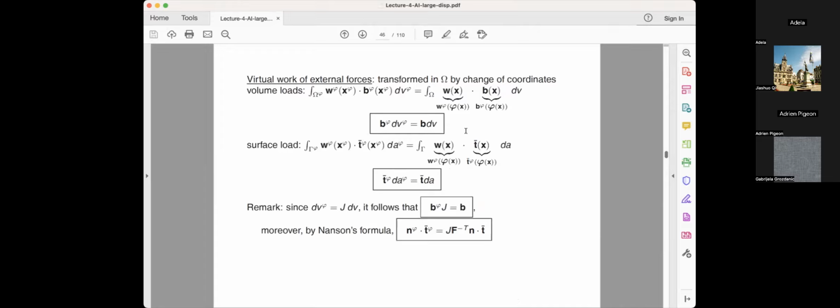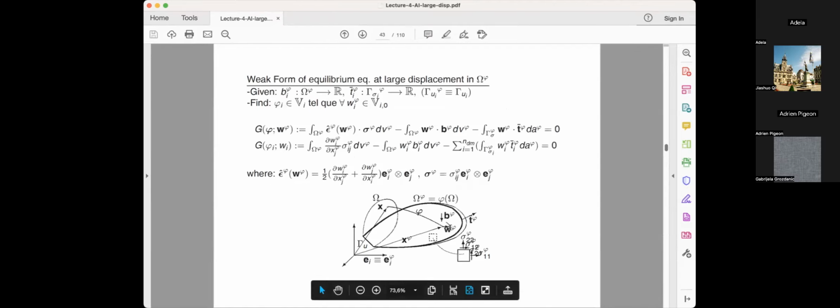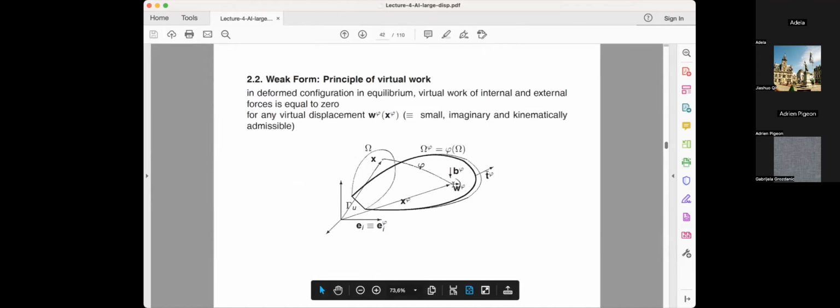So here we talk all the time about transforming the integral equation. In other words, if I have the external load b phi acting on the virtual displacement w phi of xy, integrated over omega phi, I replace dv phi with J times dv, and J times b phi is basically b of x. And I simply do this transformation so that the virtual displacement is now denoted as w of x. What that means is you're talking about the same displacement that has been applied on top of your initial configuration, or basically even better, the picture here.